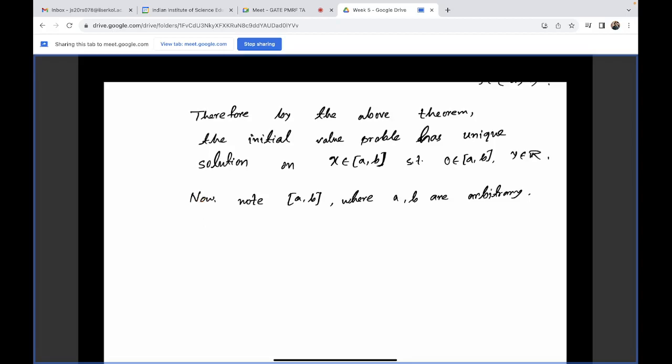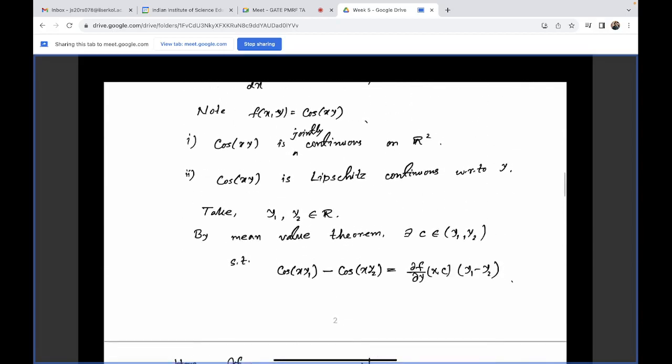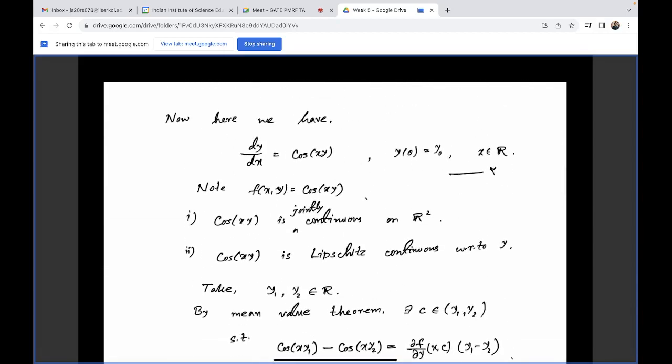So basically the unique solution exists. Let me call it 1 star.